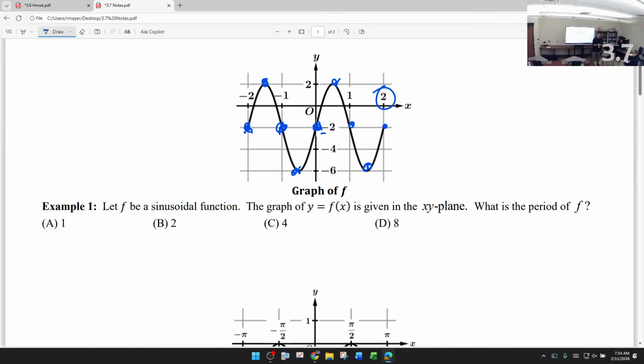I like to start at 0, then I don't have to worry about any subtractions, divisions, anything else. So the period is definitely not 1. The period is 2. It's definitely not 4. It could be 4, I guess, but it's not. It's the smallest number, and it's not 8.